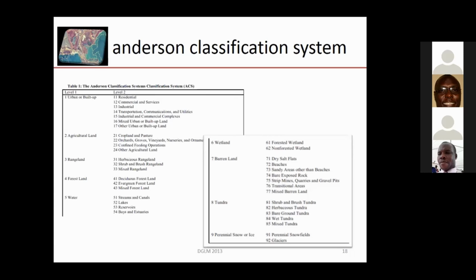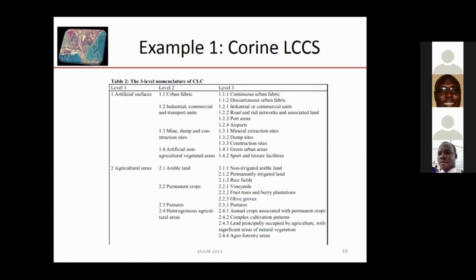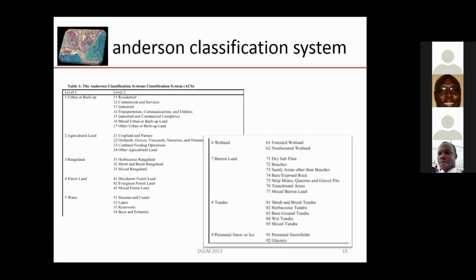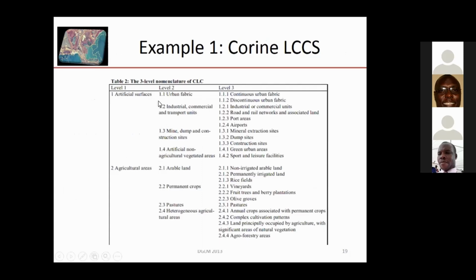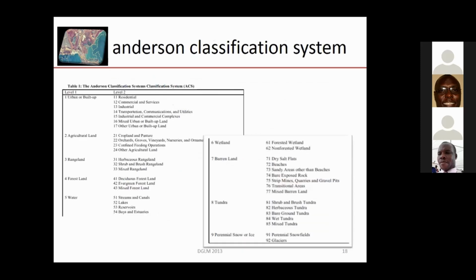If you went to another system like the Quran and look at urban or built up, they don't define it as urban or built up. They define it as artificial surface. So if you're going to classify an image and define the information classes for Quran, the classes will look different compared to those in the Anderson.